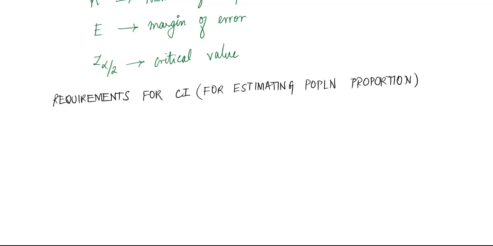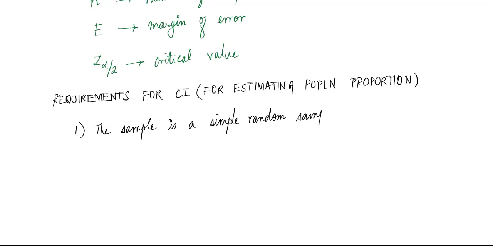This is for population proportion, so I keep mentioning that in all these places. One, when you choose a sample, that sample must be a simple random sample. If you had bias, if you did not collect your data properly, you cannot use it. It's useless. You cannot really salvage it. So that is an important requirement: the sample is a simple random sample.